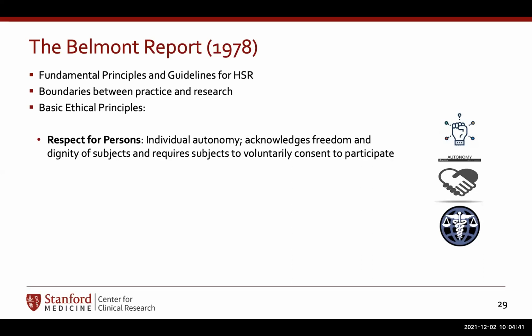If someone is not able to consent, we have legally authorized representatives, or we have assent for those who can sign assent. But this has to do with letting people make their own decisions, right? This is the prevention of coercing someone into participation, whether you're the clinician or a family member. This has to do with individual autonomy and respect for someone's decision to participate or not to participate in research.